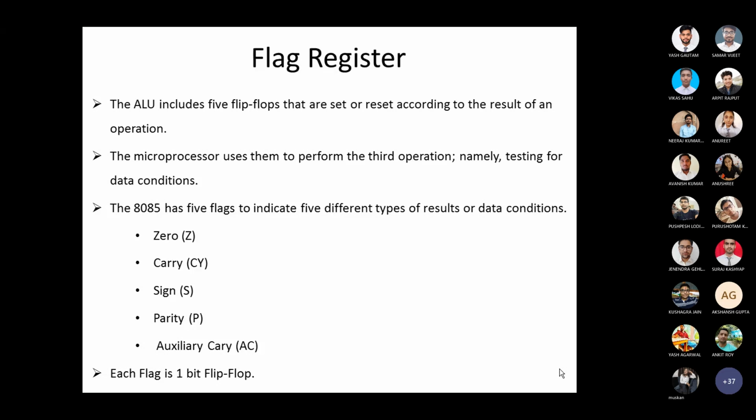Auxiliary carry is the carry which comes after the 4 bits, and carry is the one which comes after arithmetic or logic operations of 8 bits. Sign indicates whether the data is negative or positive. If there is zero content in the accumulator, this will represent the zero flag. Zero flag is 1.